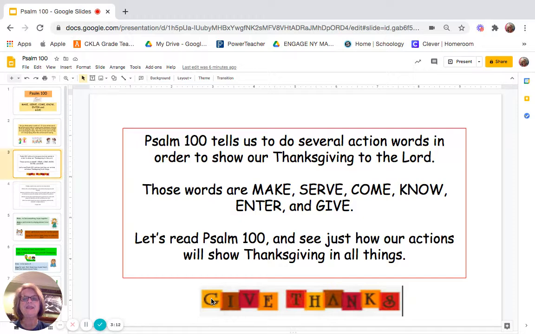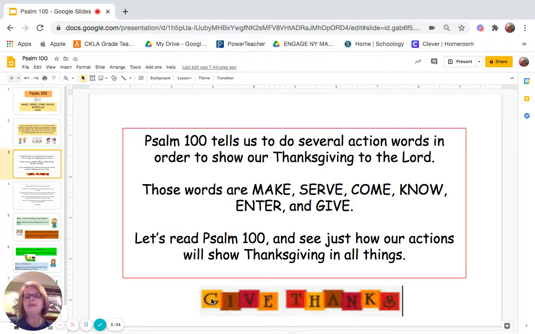Psalm 100 in the Bible tells us to do several action words in order to show our thanksgiving to the Lord. In this time of the year, we may focus a little more on Thanksgiving and what the whole meaning of Thanksgiving is.